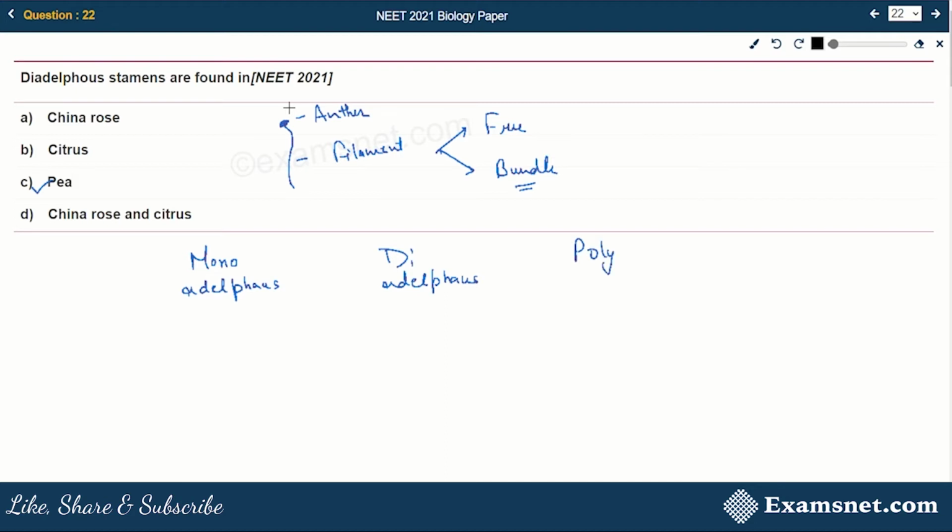So as the name suggests, monoadelphous are those stamens which are united into one bundle. Similarly, diadelphous are those stamens which are united into two bundles, and polyadelphous stamens are united into many bundles.